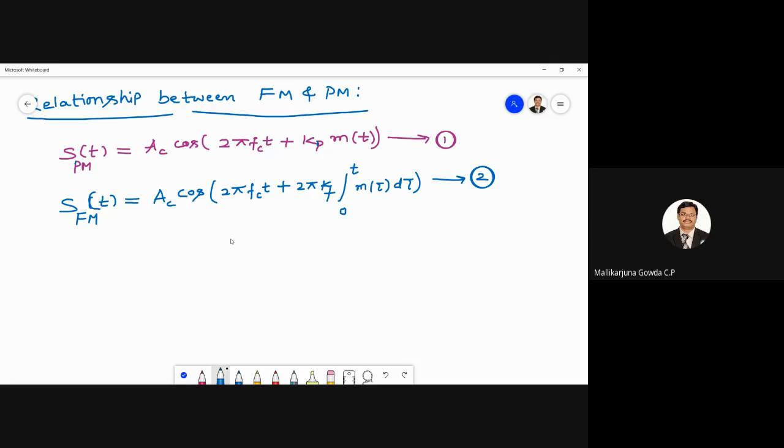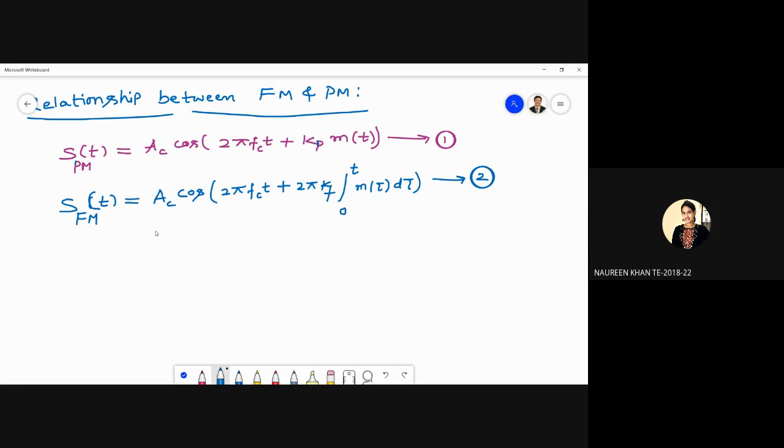Is it possible to say we can change a phase modulated signal into a frequency modulated signal?